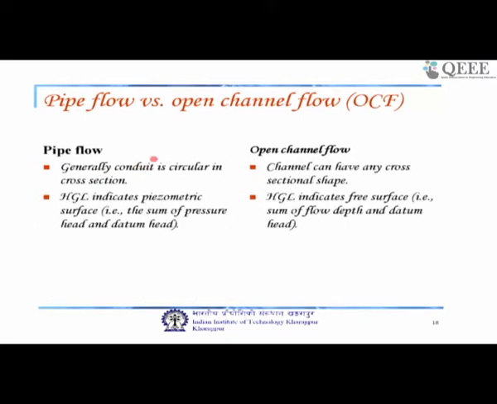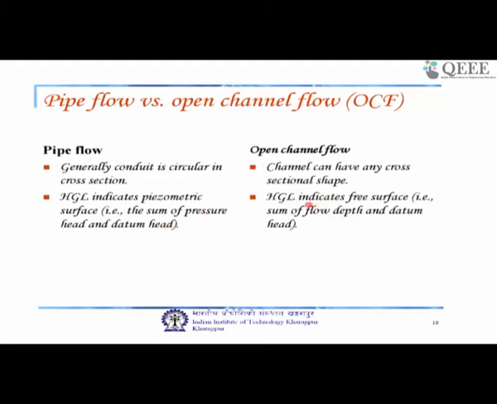What are the other important points? Generally, the conduit is circular in cross section, and a channel can have any cross sectional shape. In pipe flow, the hydraulic gradient line indicates the piezometric surface, the sum of pressure head and datum head.